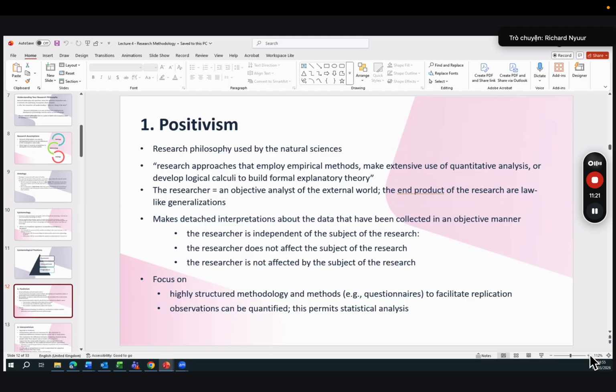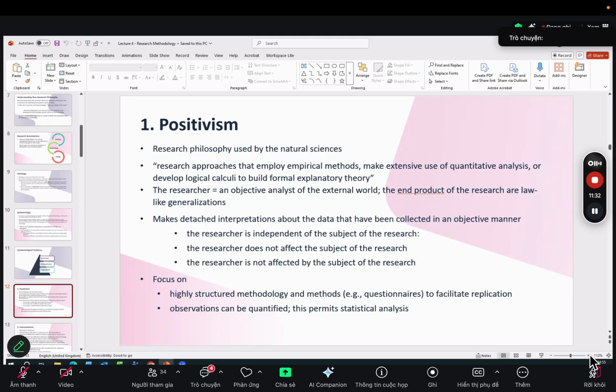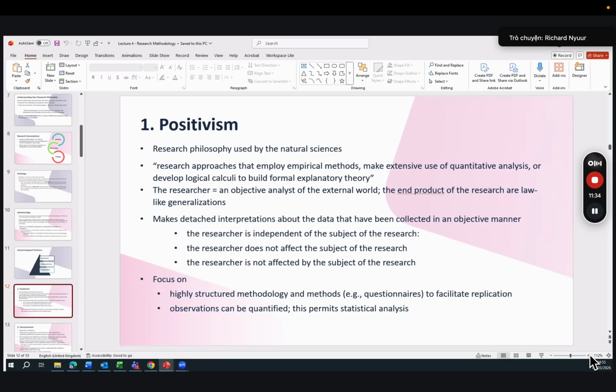For example, if somebody is undertaking research on the impact of online platforms on impulsive consumption, you have to measure the online platform mechanisms, and then you also measure the impulsive buying.